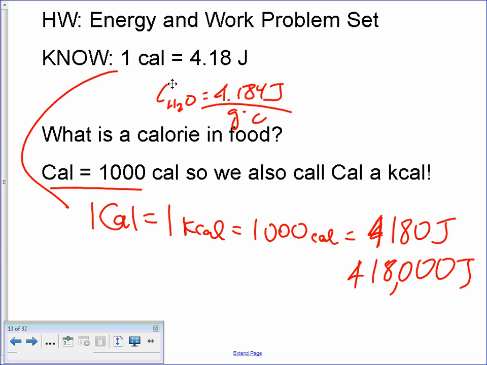If you put that on a label, nobody would eat anything. They would think they're eating so many calories. Why do you think they do that? Because the general public does not know what a calorie is. So they just put a big C calorie in there. They won't know what it is. But we do. So we're going to go correct everything we see. This is actually 1,000 times greater.